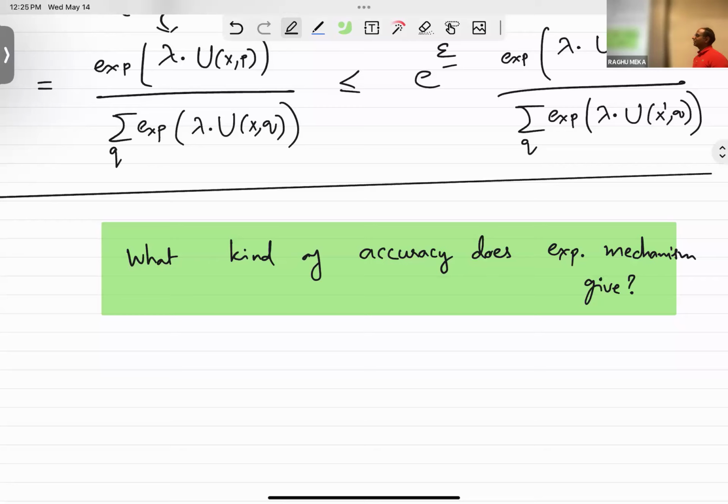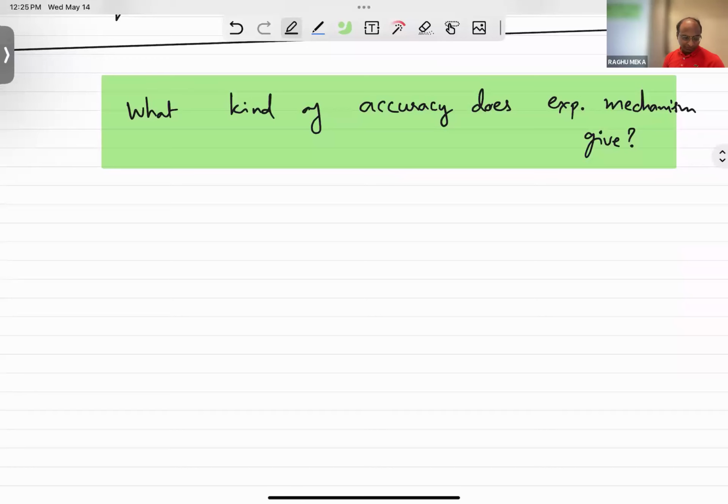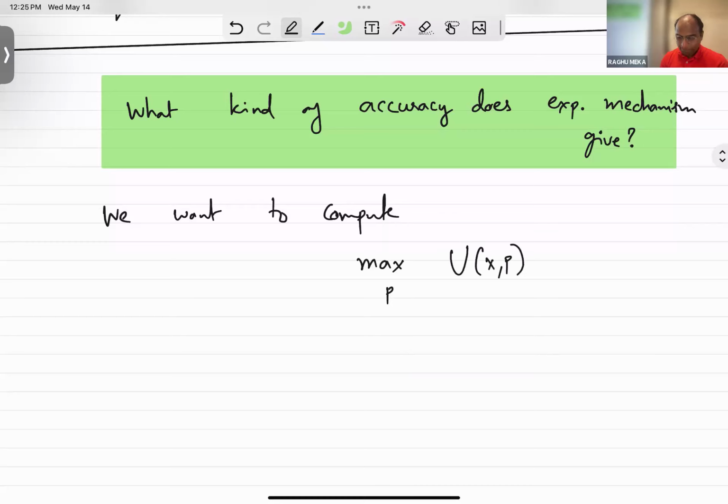So what kind of accuracy does exponential mechanism give? And so the ideal answer, without having to deal with privacy, was: if I had no privacy considerations, given a utility function, I want to find out what P gives me the maximum utility, right?